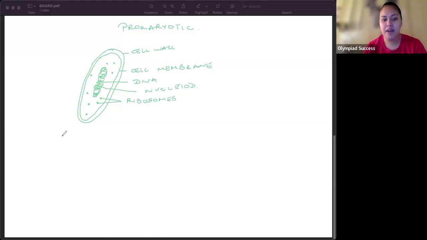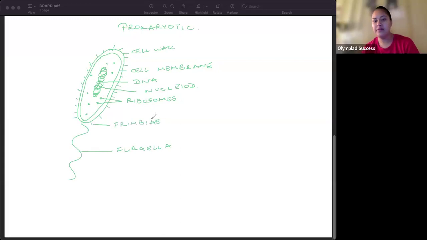Apart from this, they can have a flagella for locomotion, or their body can be covered by these hair-like structures known as fimbriae. And whatever is remaining is your cytosol. Any doubt here?